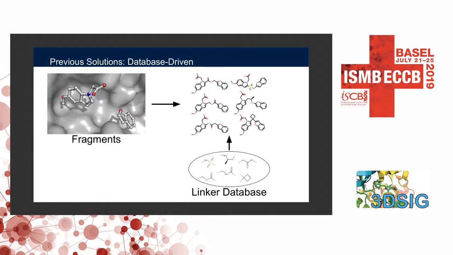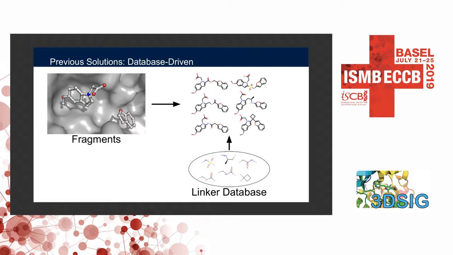So we looked quite extensively at the literature, and we found that all of the previous methods for this task were database-driven. They have a database of linkers that you might like or that are chosen in some way, and then they score, rank, and filter those by some set of criteria in order to select the best linker, or the right molecule to make from those starting fragments.